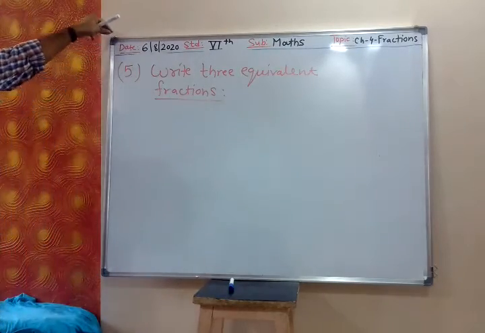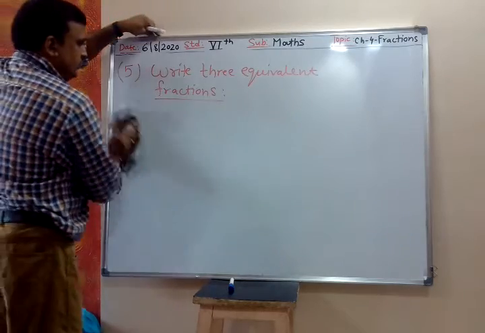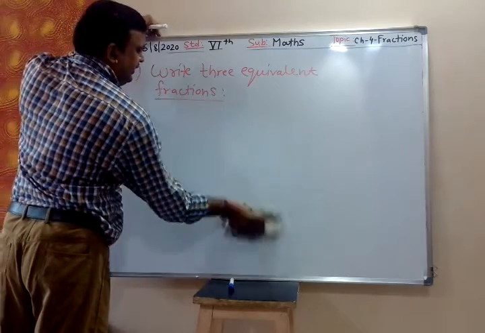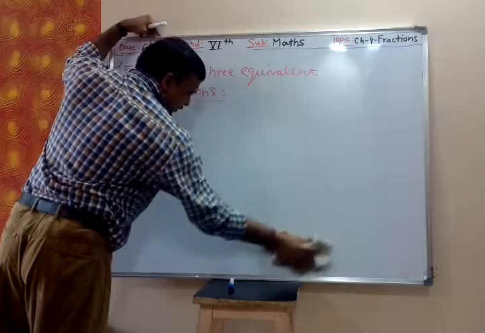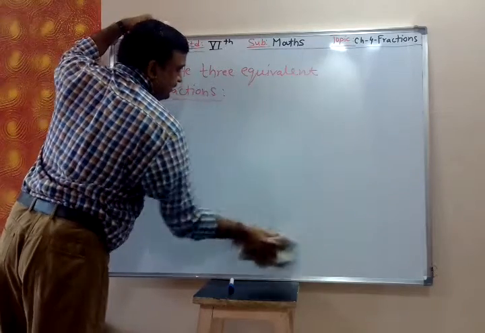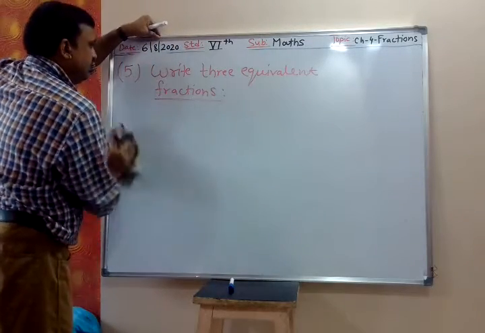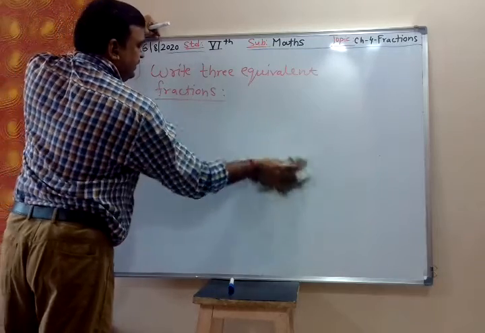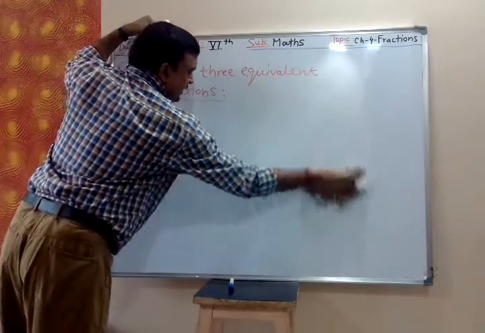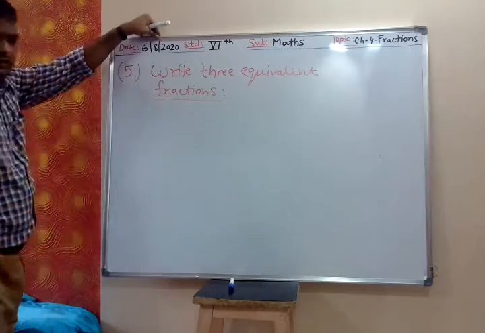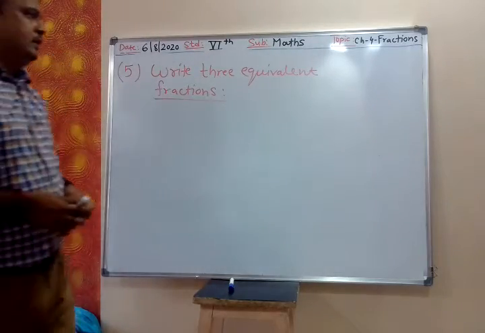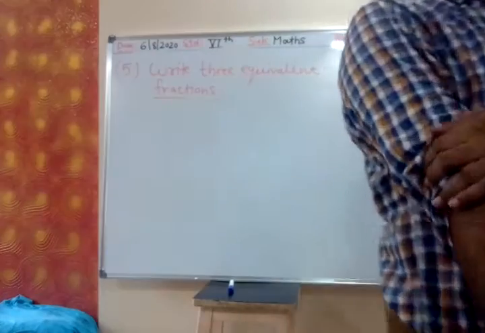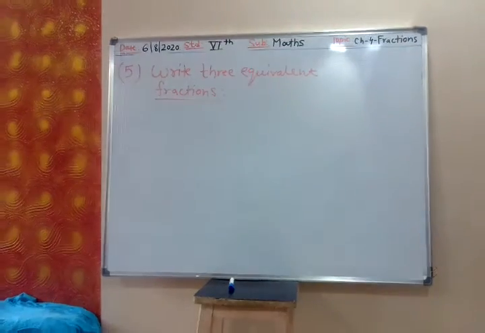See, this part is very much easy. You can write any number of equivalent fractions to the given fraction. But it is asked only to write 3. So we will focus on writing 3. Now the board is clear, right?